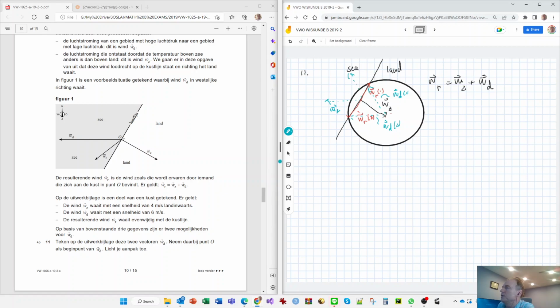Also, this would be WD. And I think this is what they were asking. Just to explain a little bit what I put in words: all the possible resultant factors are on this circle, but it's also given that they are parallel to the coastline, so that basically gives these two options.